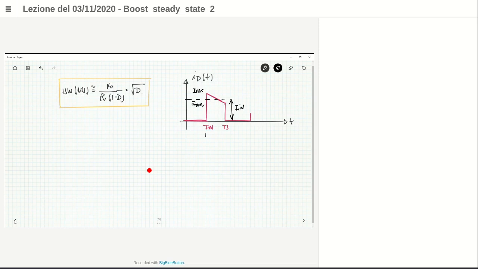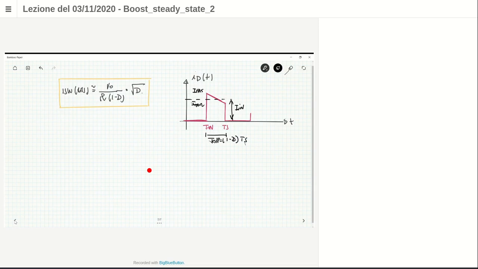This duration here is the off, so it's 1 minus D multiplied Ts.